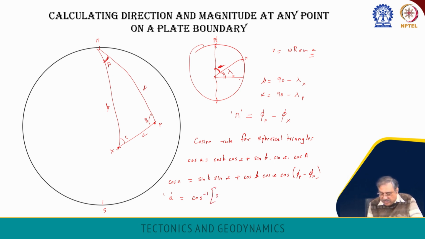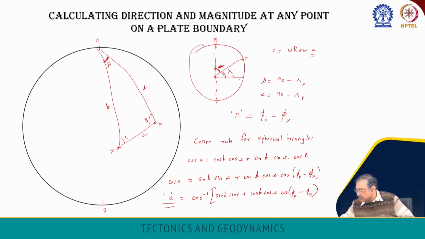So it would be the cos inverse of sine lambda X sine lambda P plus cos lambda X cos lambda P cos of phi P minus phi X. Okay, so we've actually found out the value of small a.